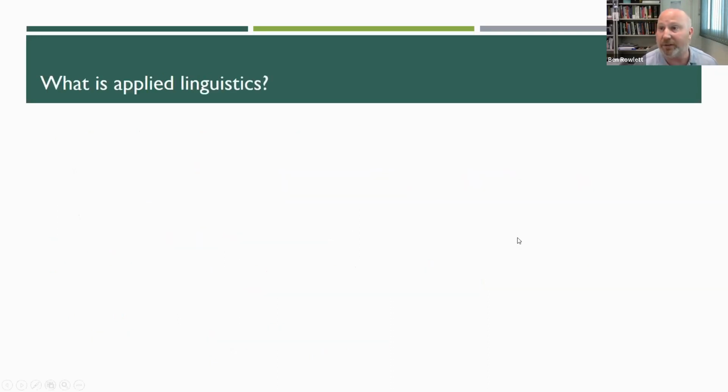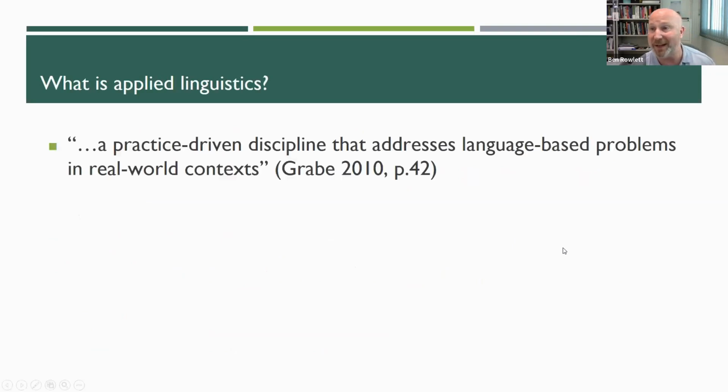Okay, so I'm assuming that many of you who are here probably have an understanding of what applied linguistics is. So I'm not going to spend too much time explaining this here. Suffice to say that there have been multiple definitions of this discipline over the years, but most seem to be in agreement that applied linguistics is a practice-driven discipline that addresses language-based problems in real-world contexts, taking a definition here from the Oxford Handbook of Applied Linguistics.